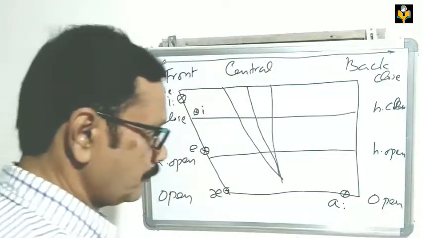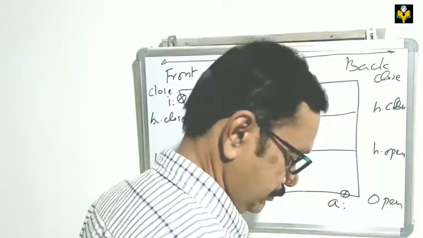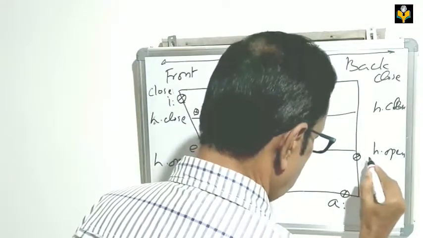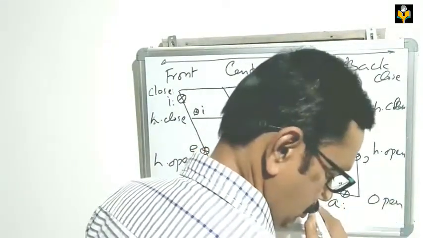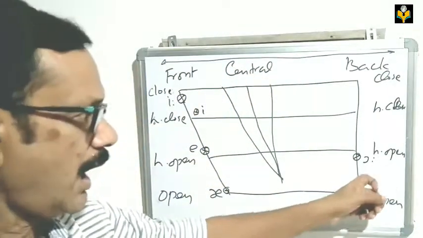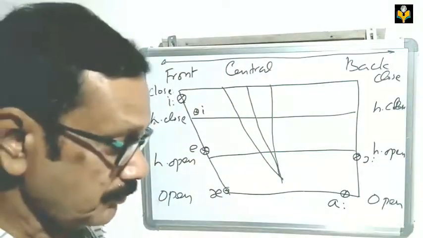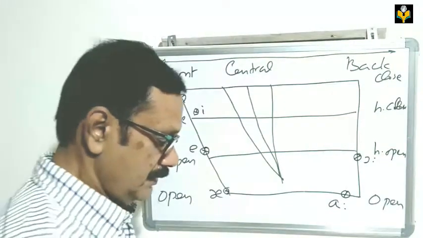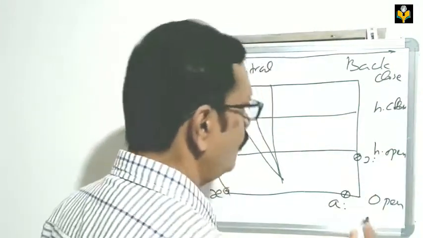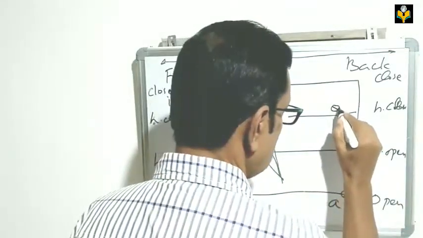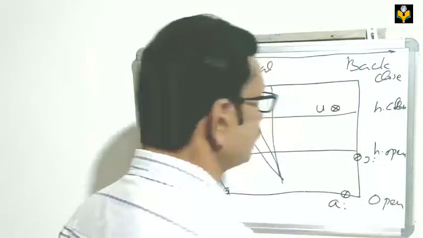Then next one is O. This is O. Back half open, rounded. Then we can have U here.